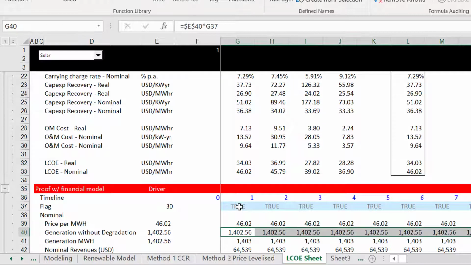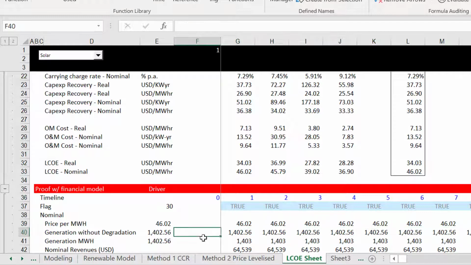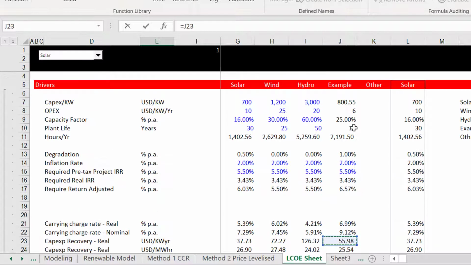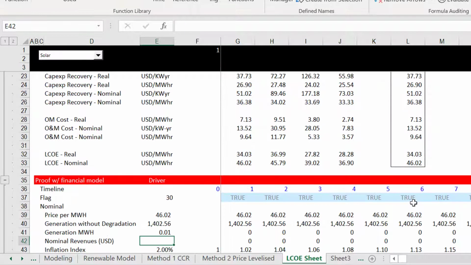So if I have to fix something, I'd rather fix it here, and then over here let's put our degradation in. Okay, and let's make it so it's just an index.